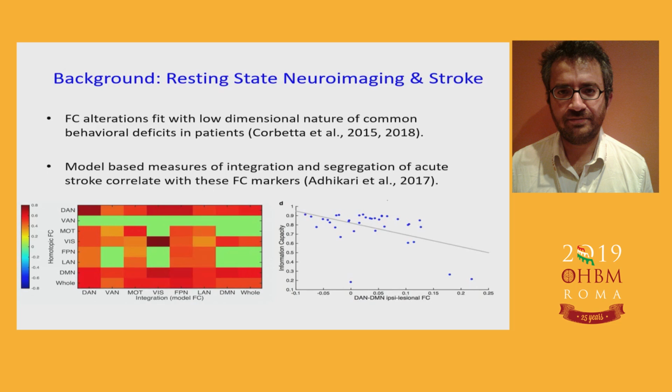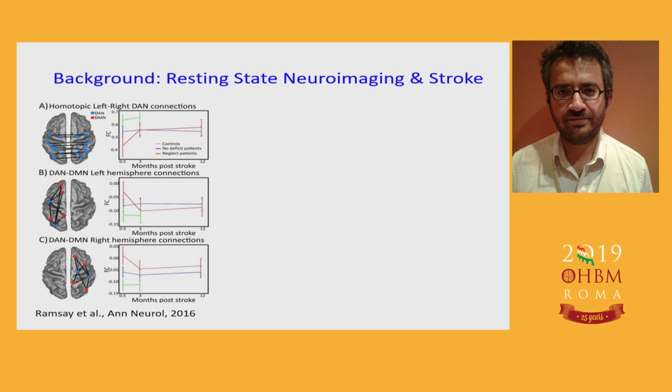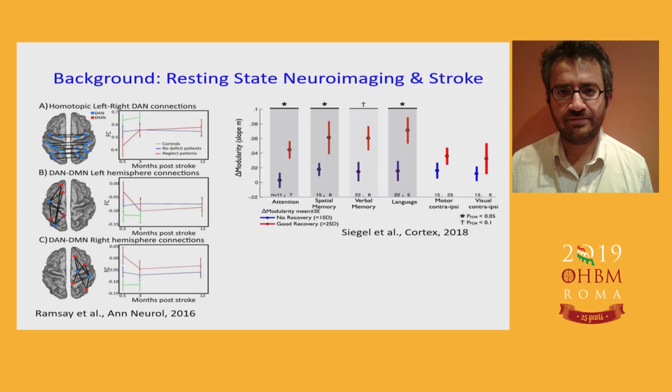And they show a correlated recovery with the corresponding recovery in behavioral deficits, as shown for spatial neglect patients by Ramsey et al. on the left, and some modularity changes as shown by Siegel et al.